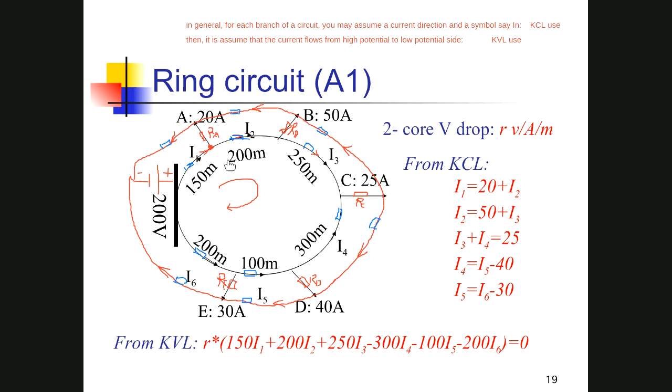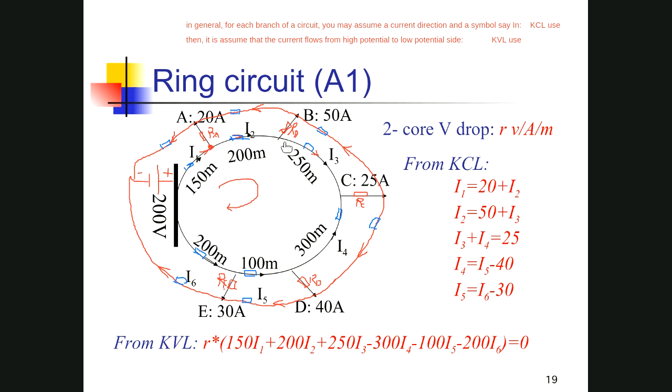This is a voltage drop, because we assume the current goes from high potential to low potential. So 150 meters with I1 gives a voltage drop, and another 200 meters with I2 is another voltage drop. I2 is the current in the second part.